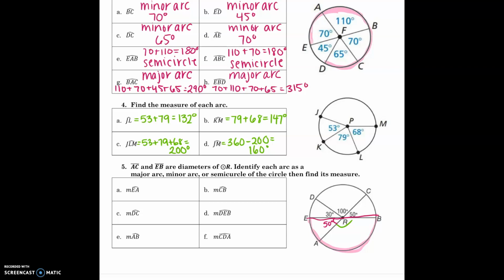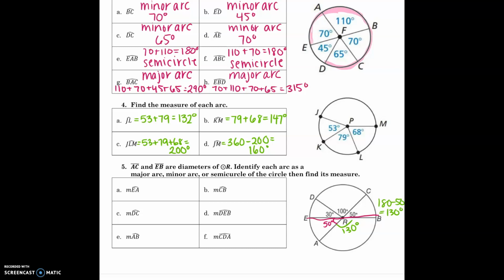It measures 180 degrees. So we know that angle ARB and angle ARE must add up to equal 180 degrees. So we can do 180 minus 50, which equals 130 degrees. So we know that this angle measures 130 degrees.